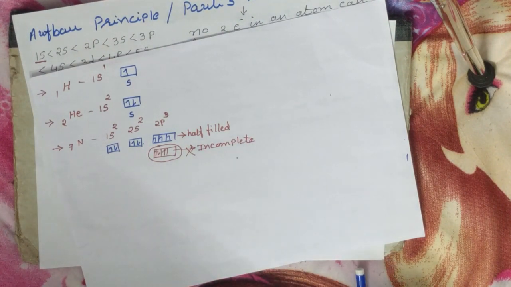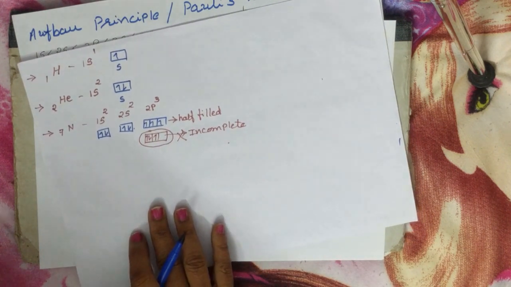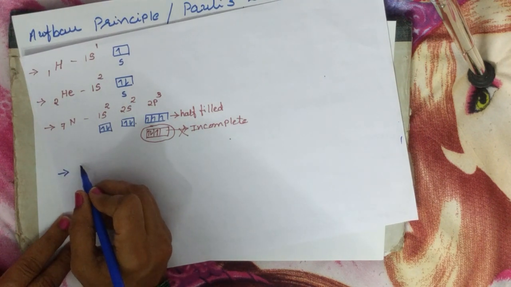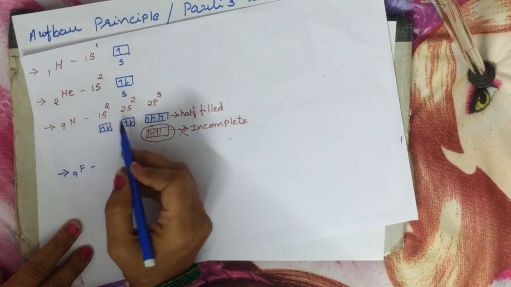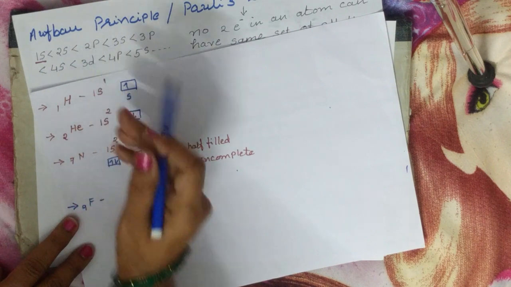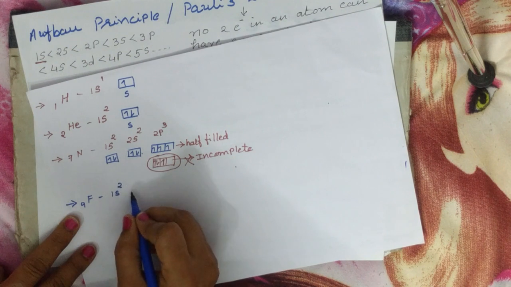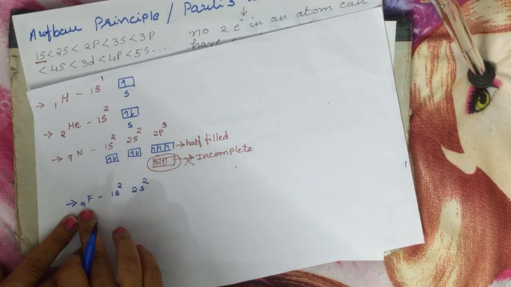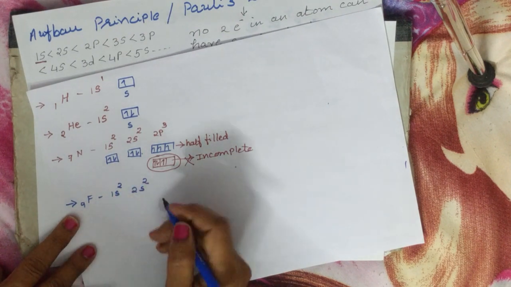Next example we'll take, so you get a very clear idea. Now we'll take fluorine. As you know, the atomic number of fluorine is 9. Here you have to accommodate 9 electrons as per Aufbau's principle. First we write 1s 2 electrons, 2s 2 electrons. Out of 9 you have used 4 electrons, 5 electrons are remaining.